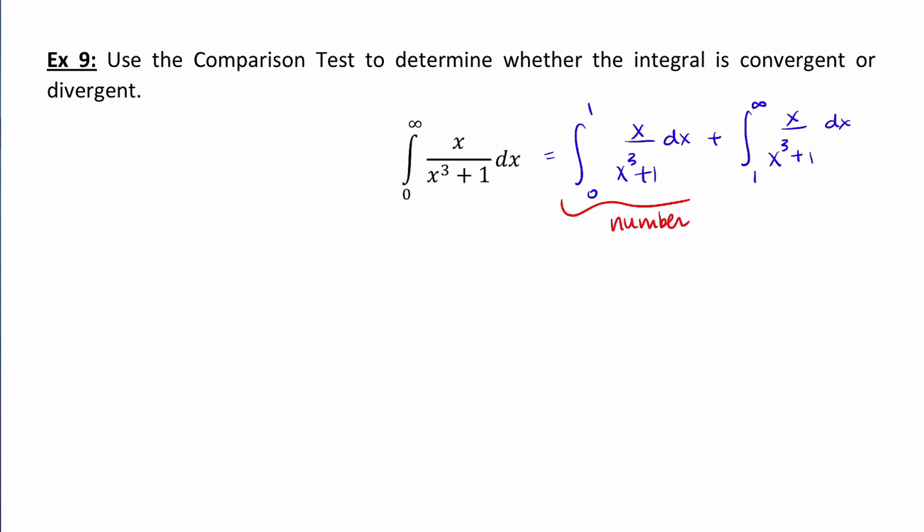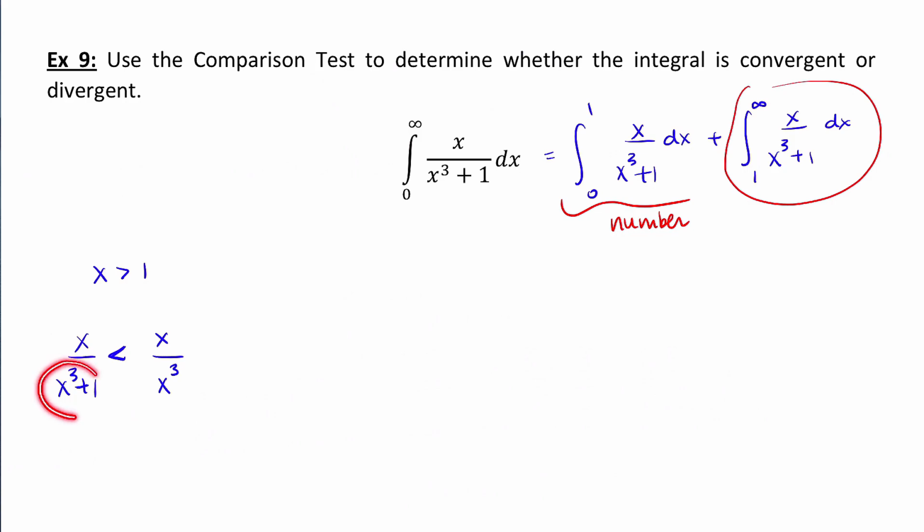So we have to take care of this integral right here. Let me take care of that function. So x is larger than 1, therefore x over x cubed plus 1, well, we know that this will be less than x over x cubed, because here I'm dividing by something larger.